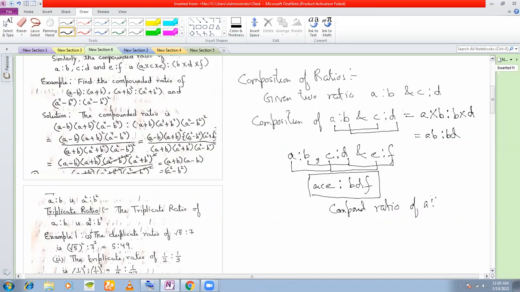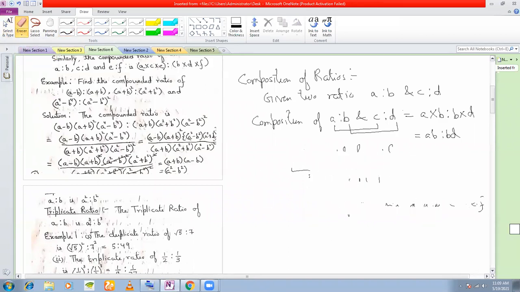Okay, this ratio is called a compound ratio of A is to B, C is to D, and E is to F. Okay. We see a small problem here based on compound ratios.